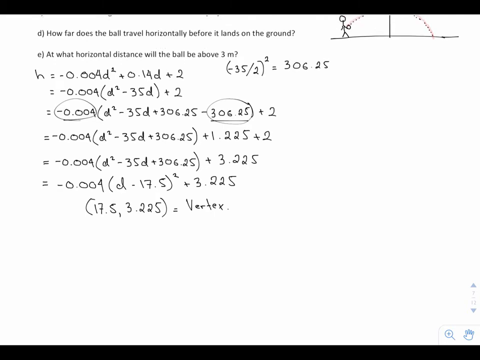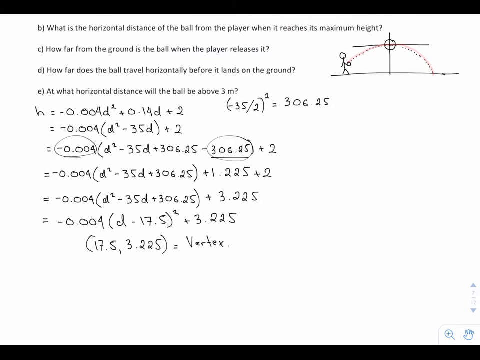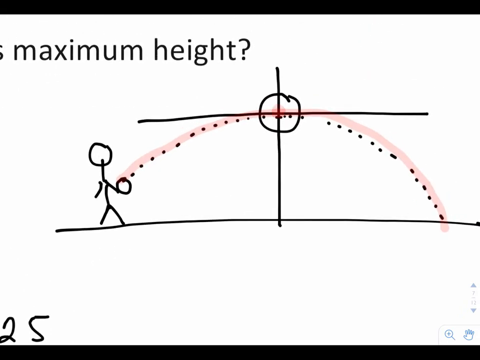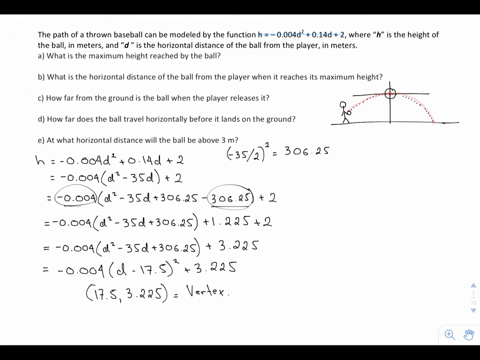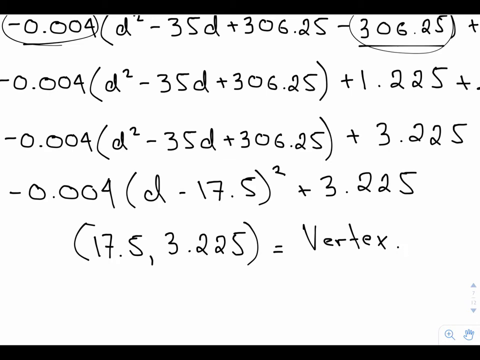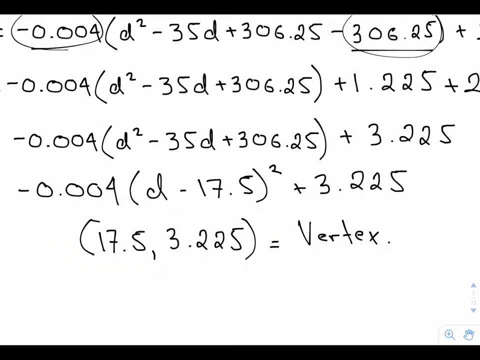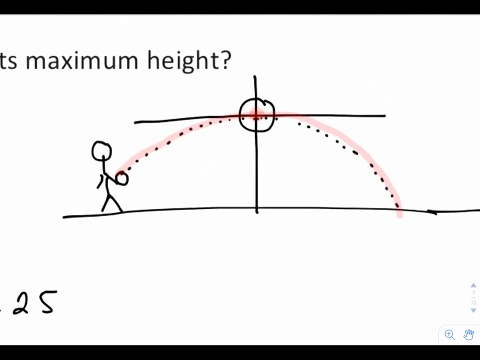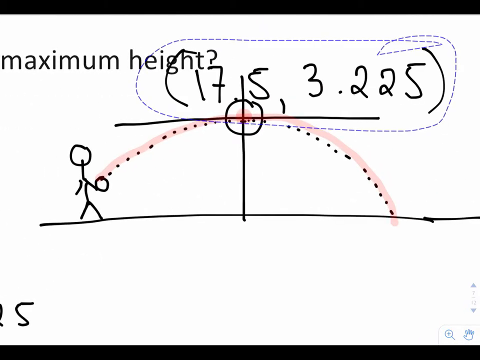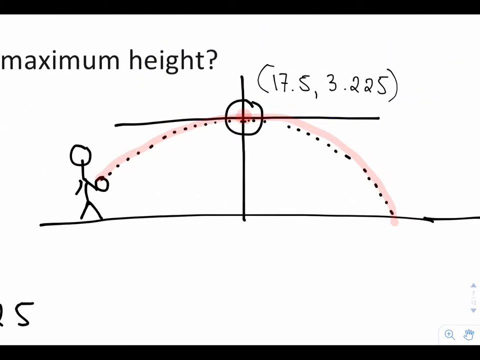If I look at this point on my graph, on my grid here, it's this point that I'm talking about. So to save time, I'll copy this and put it over here, shrink it a bit.